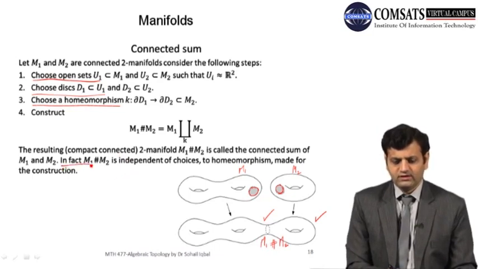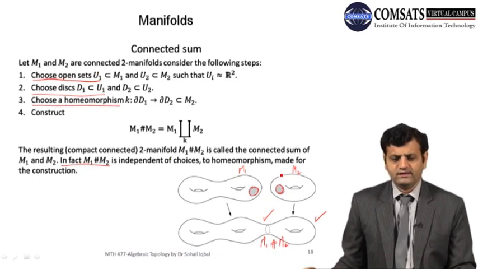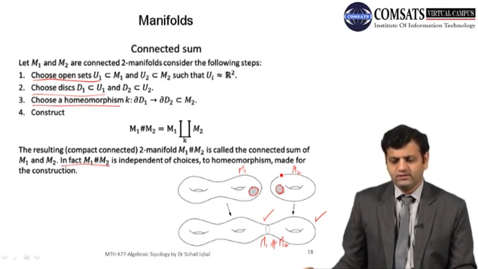In fact, when we are constructing the connected sum of two manifolds, this is independent of the choices. Of course, it means that if we made some other choice of, for example, open sets Ui or some other choice of homeomorphism, then the resulting connected sum is going to be homeomorphic. Okay, so that's how we define connected sum.